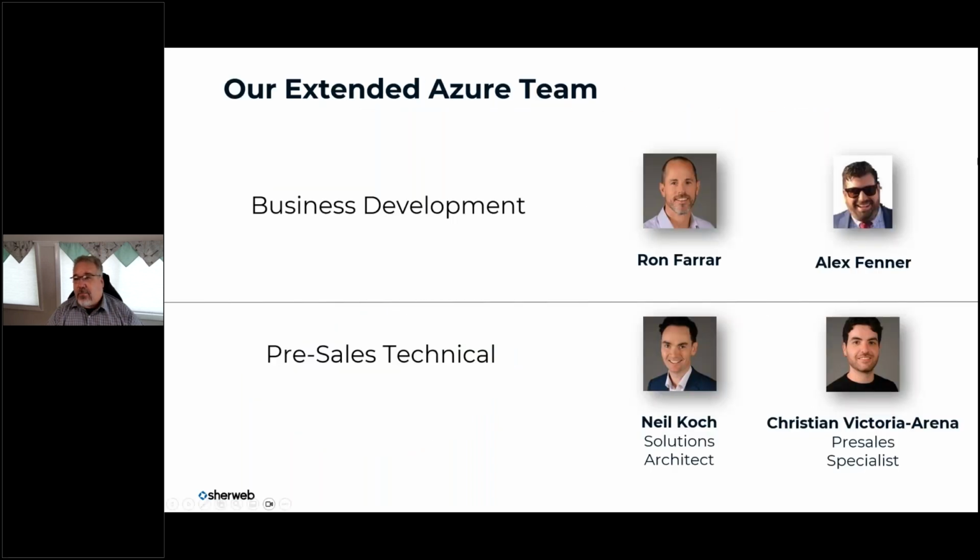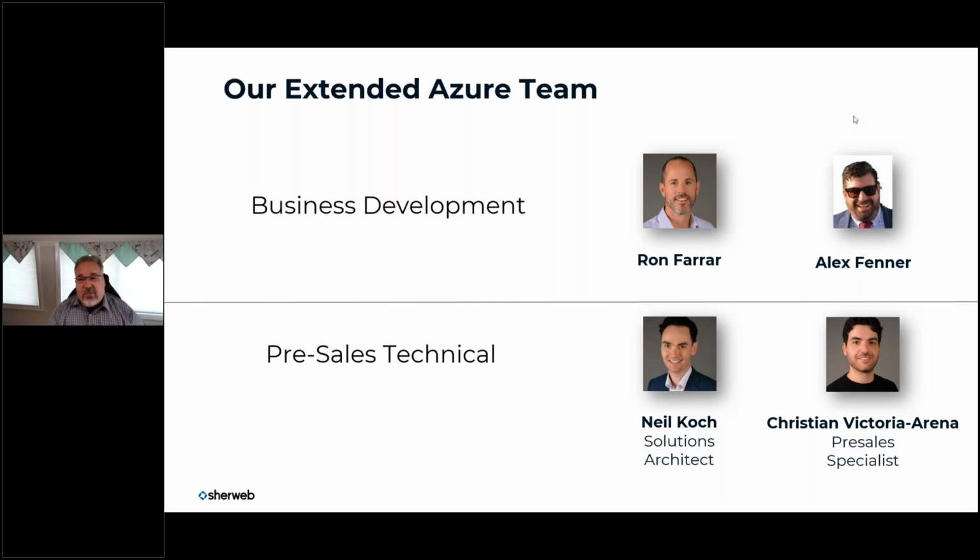So the people that you see on the screen right now, we've got Ron Farrar, Alex Fenner, Neil Kosh, and Christian. Ron and Alex are a business development team that are here to help you, and you can reach out to them. Later, you're going to get an opportunity to reach out to our team, and that email will actually go right to Ron Farrar.